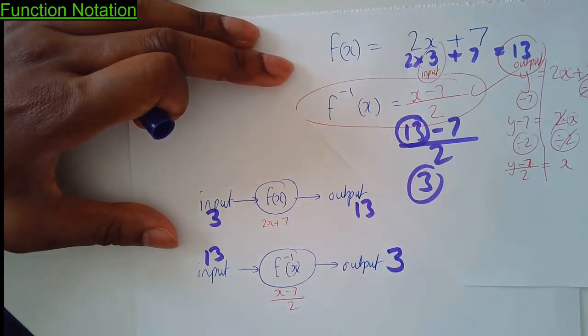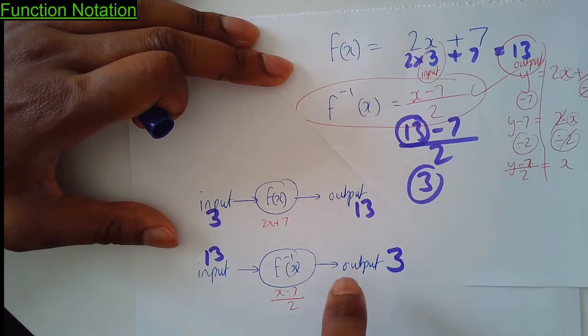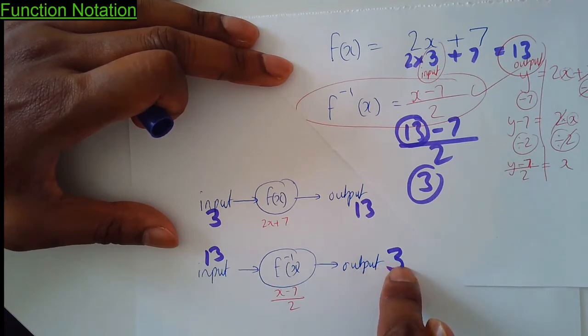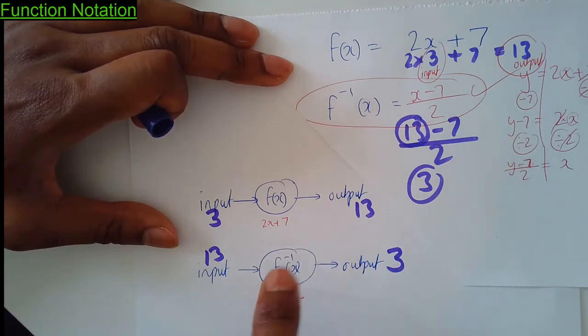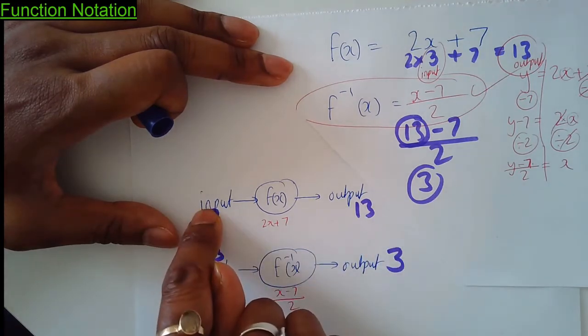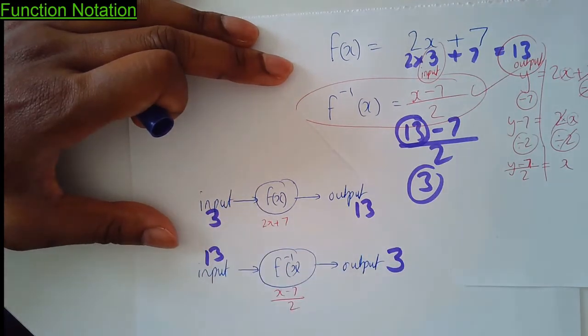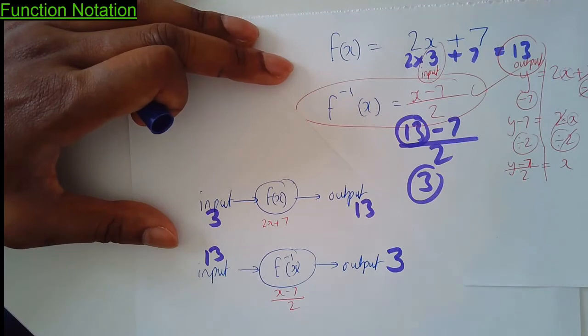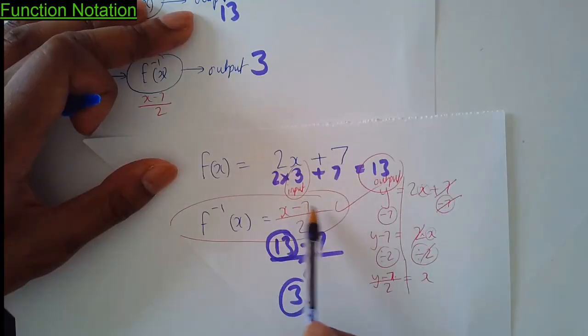So what's happened now? The value of the output of this inverse function is the value of the input of the original function. We've already established that this is the inverse function. I'll write it out for you.